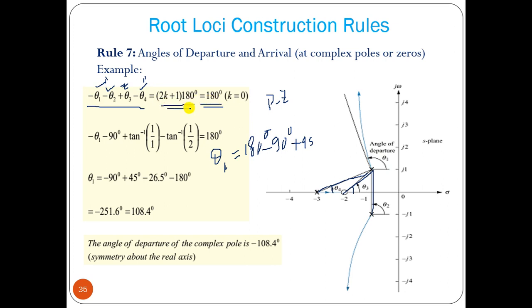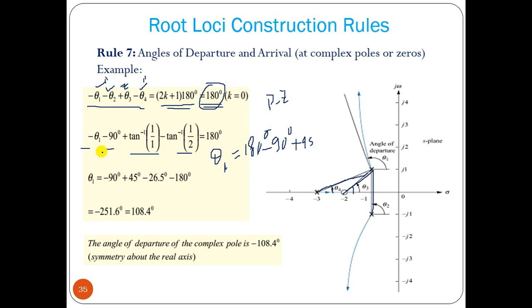Actually this should be the angle condition. So this pole angle, this second pole, third pole, and so on. All the poles you have to take negative, and zeros you have to take positive, equal to 180 degree.